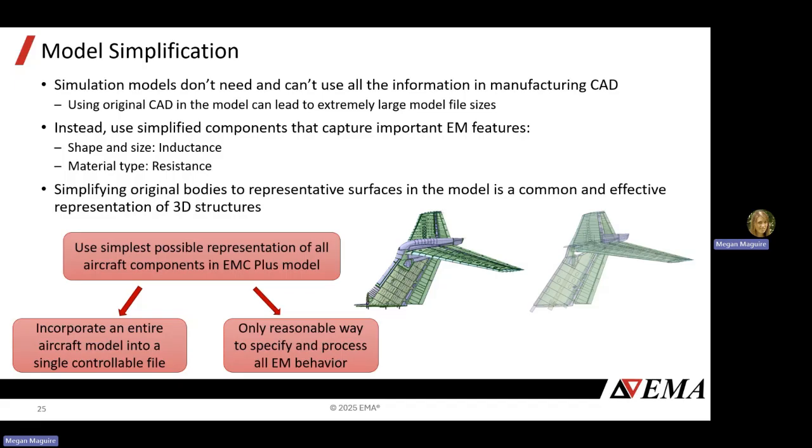And we found this to be an effective method of representing these 3D structures. So at the bottom here, this is just the original CAD that you may see, and then what it looks like when it's simplified down to surfaces. So you can see you're still representing the structures accurately in terms of their size and with the materials when you put it in, but it's a much more pared down version.